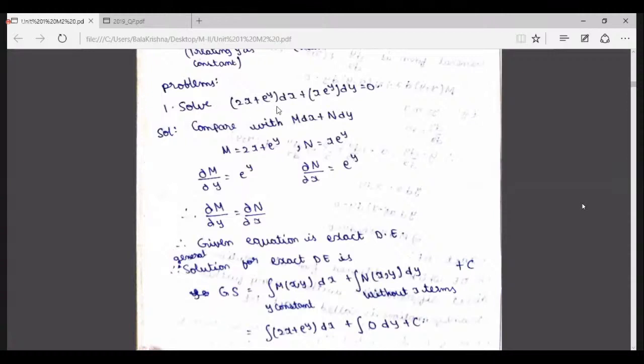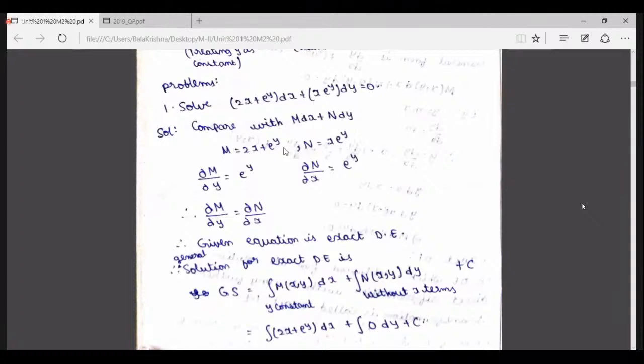Generally he may always go in this format, or sometimes he may not give it directly in this format. That means M dx plus N dy equal to 0, or he may give it in the form dy by dx is equal to f of x comma y. Whenever it is given that way, try to express the equation as M dx plus N dy equal to 0.